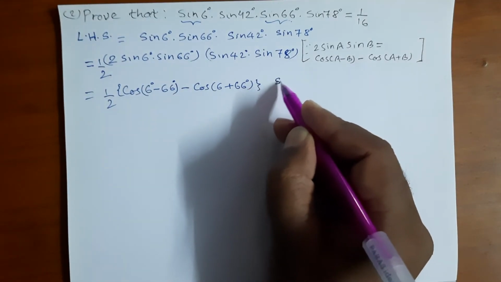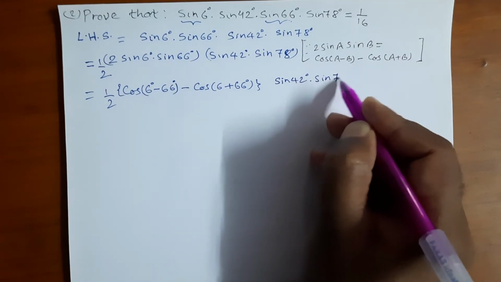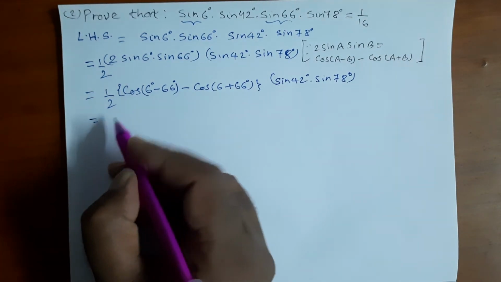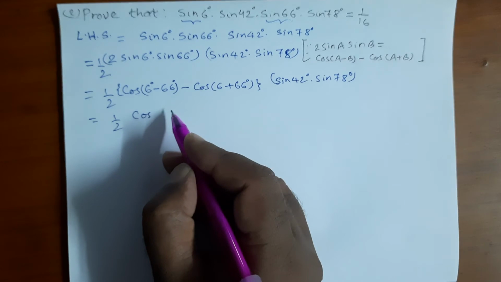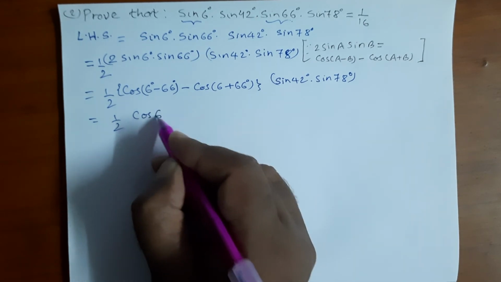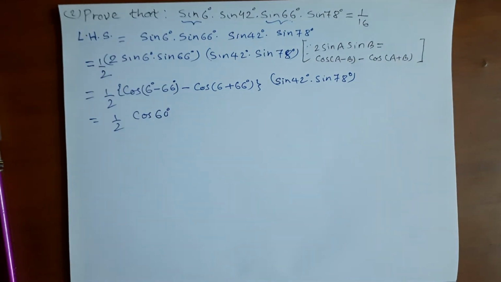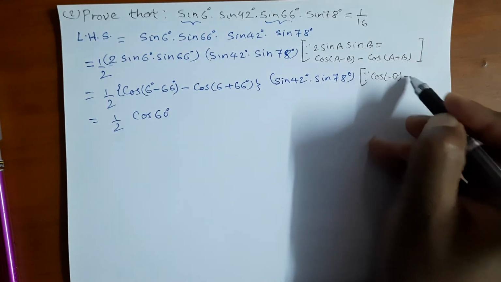Now sin 42 degree times sin 78 degree equals 1/2 cos(6 minus 66), that is cos(minus 60), that is cos 60 degree, because the formula for cos of minus theta is cos theta.